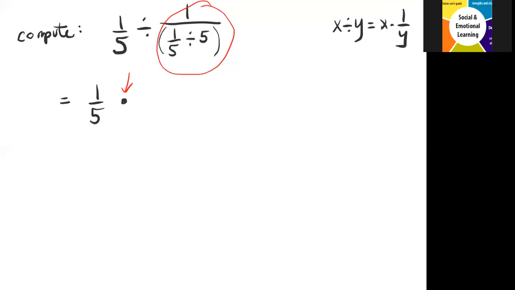If I've changed this division sign to a multiplication sign, I've got to write the reciprocal of this second fraction. What is the reciprocal of this second fraction? Yeah, we just want the reciprocal of this fraction, right?